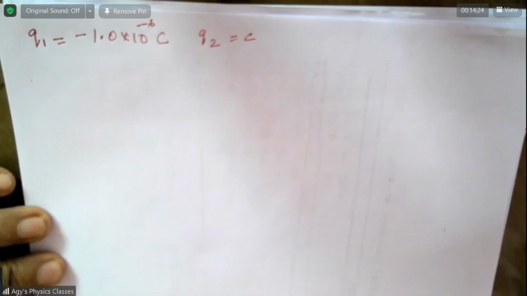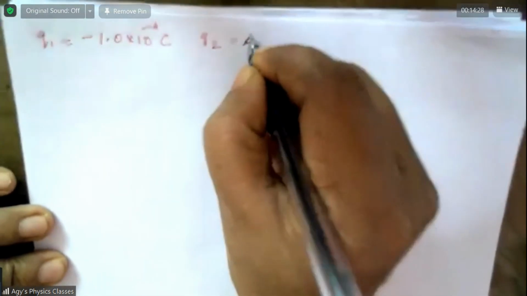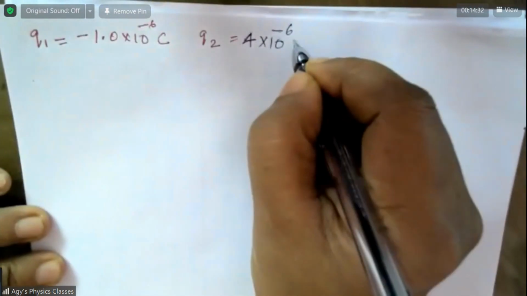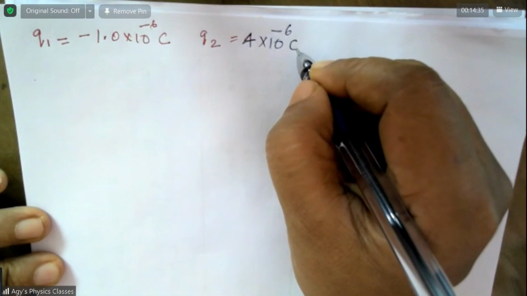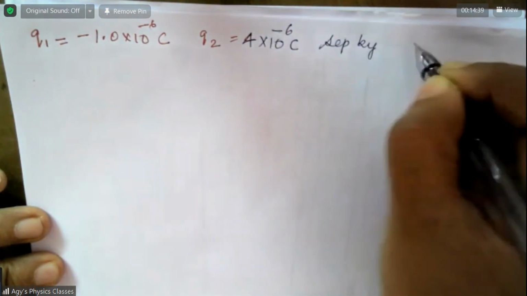Say Q1 is equal to minus 1.0 into 10 to the power of minus 6 coulomb, and Q2 is 4 into 10 to the power of minus 6 coulomb, separated by 3 meters.